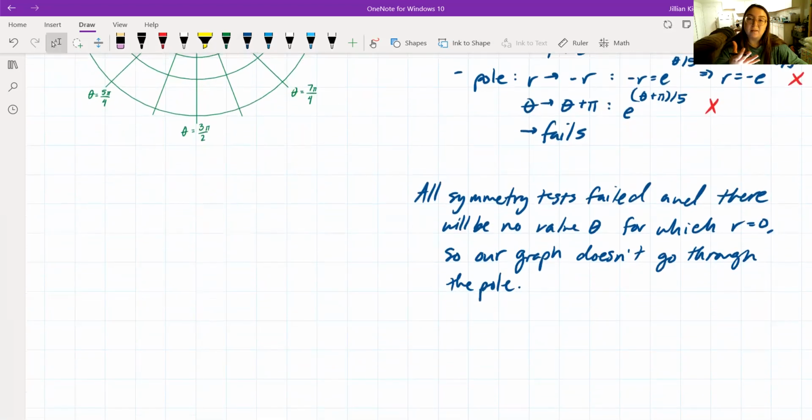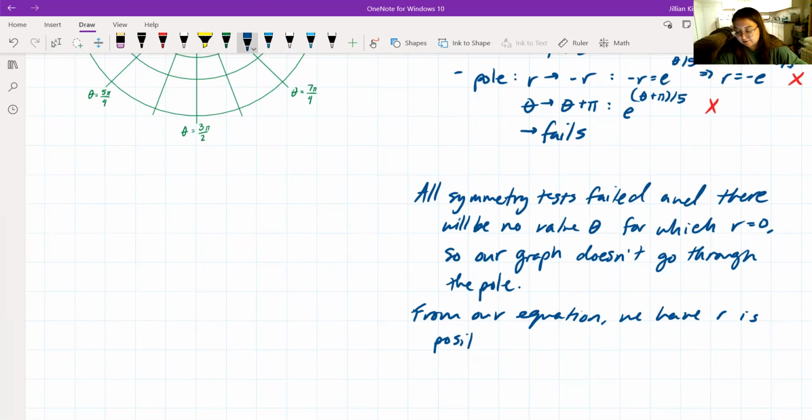We can identify a few other things as well with our equation. It's just going to help us when we actually go to graph. From our equation, we have that r is positive for all values of theta. Once again, this is a property of the exponential function. So r is always going to be positive for any value of theta.